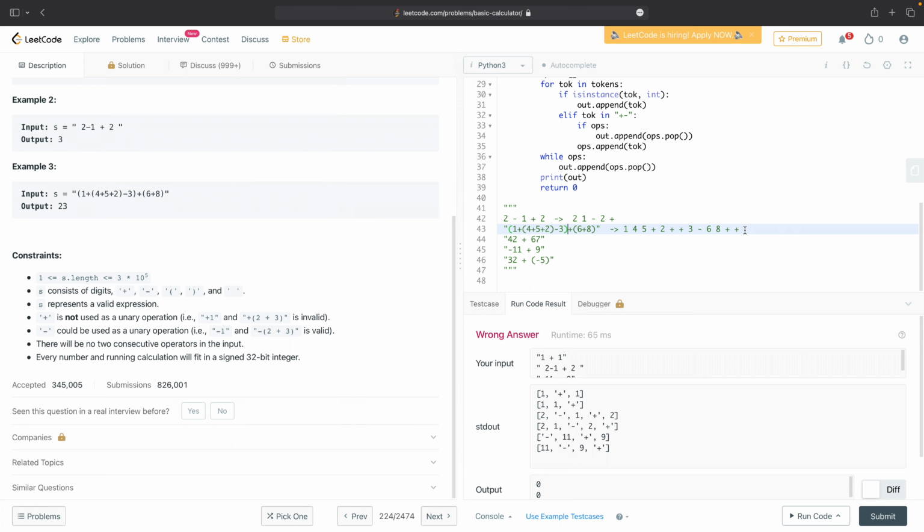So if we consider that with our two stacks, out is that and ops is this. So ops gets an open paren on it without a closed paren.